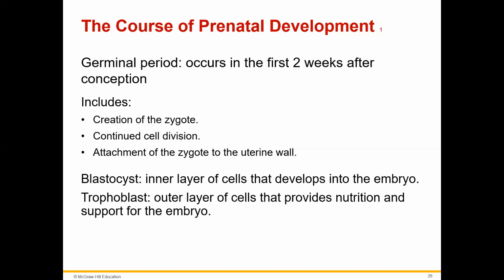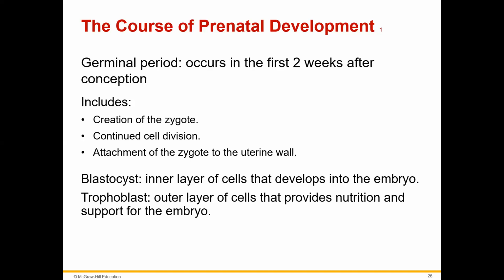And at the end of this 2 week period, the zygote will have attached to the uterine wall and anchored itself there. At one point along this journey, the zygote is actually going to become what we call a blastocyst. This is where, rather than just a clump of cells in a ball, they actually start to differentiate now.